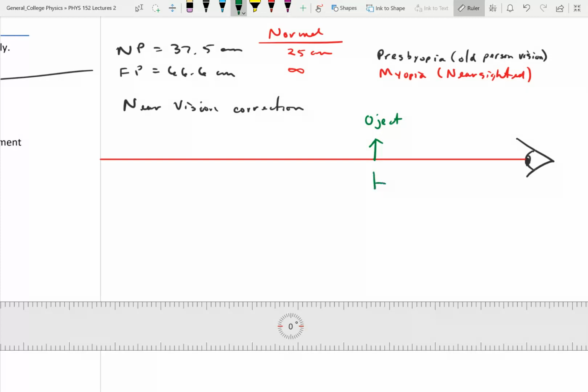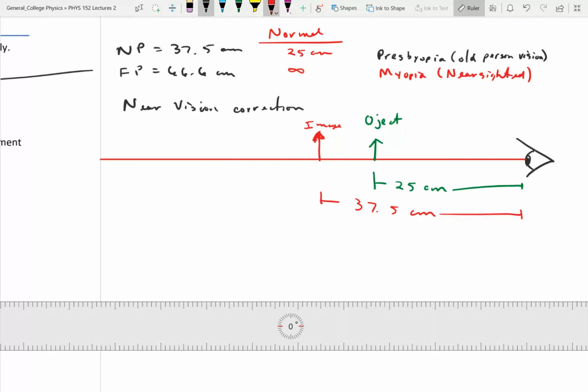So that means this here is 25 centimeters from the eyeball. And we want it to make an image that she can focus on. So the nearest she can focus is 37.5 centimeters away. So it's going to make an image. This image should have been a little bit taller because it's a little bit farther away. That is 37.5 centimeters from her eyeball.